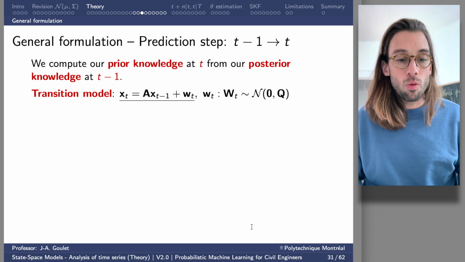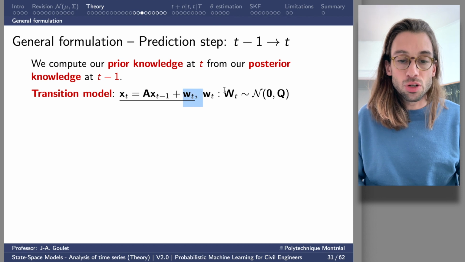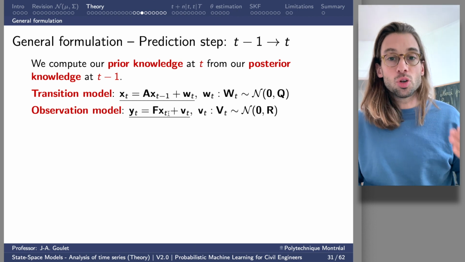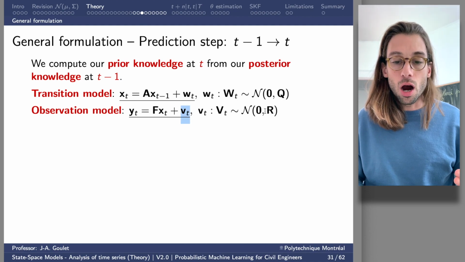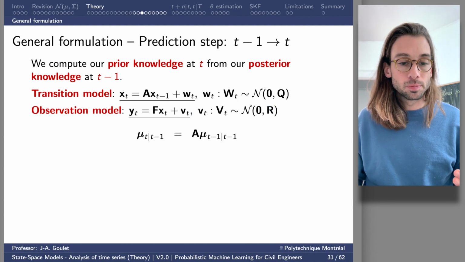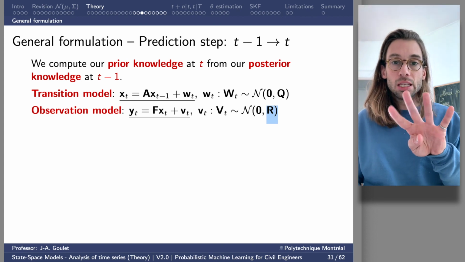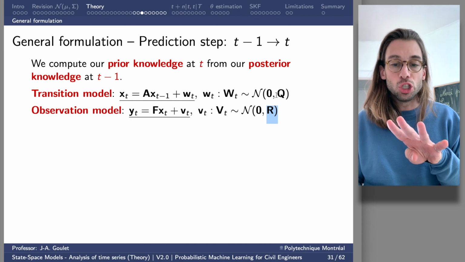Where I have my prior knowledge for xt minus 1, I know that my error here is a realization of a joint normal process, expected value 0, covariance Q. And I also have my observation model, y equals F xt plus vt, where the covariance of my observation errors is R. So there are four matrices that describe this observation and transition process: A, F, Q, and R.